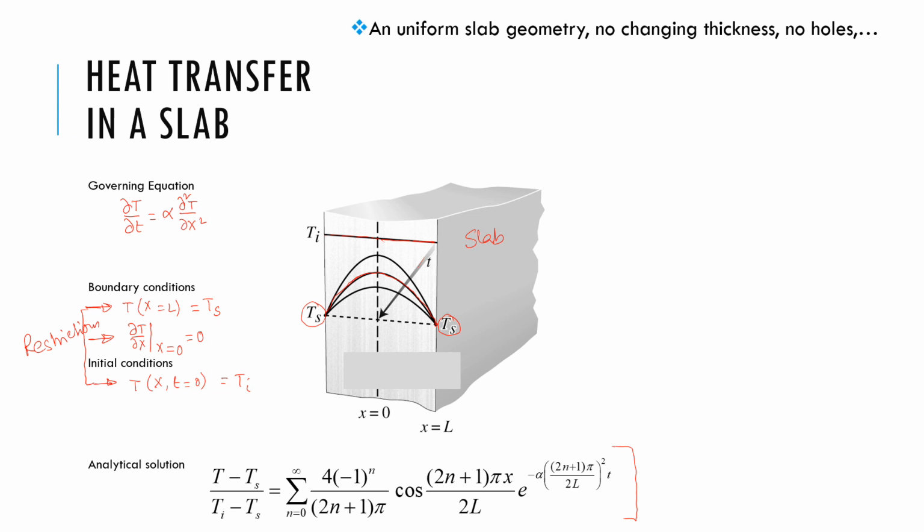These solutions assume a uniform slab geometry. You cannot have a hole in there. That's not allowed. Or the thickness, this 2L, cannot change.